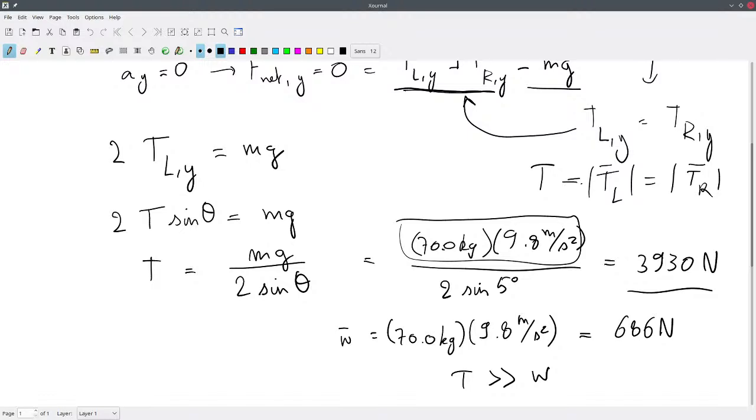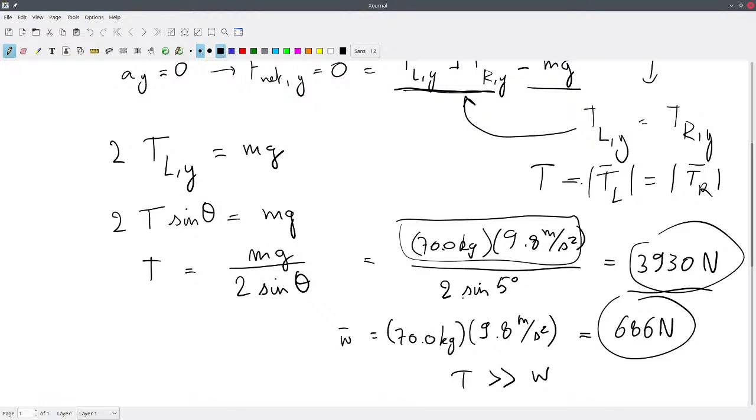As a physicist, we would look at this and wonder, why is this such a large force when it's really just caused by a weight that's so much smaller? There's a factor, what is this? A factor 5 difference here, or maybe not quite a factor 5. Actually, it's more than a factor 5, is it? Yeah. So there's a large difference here.